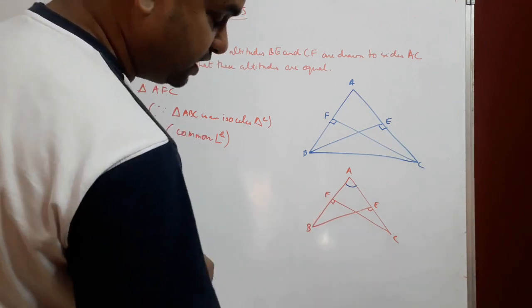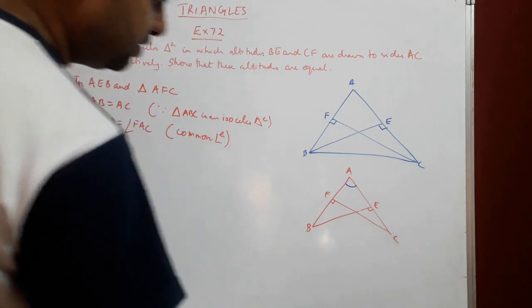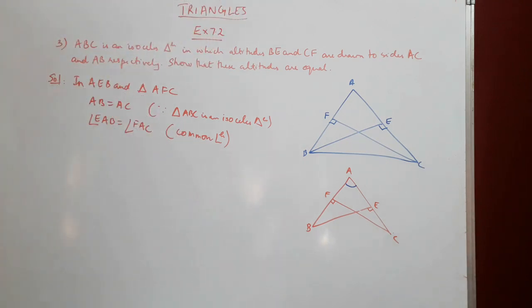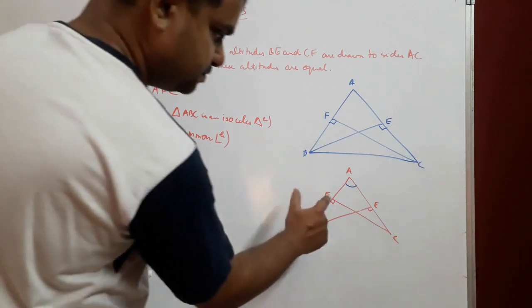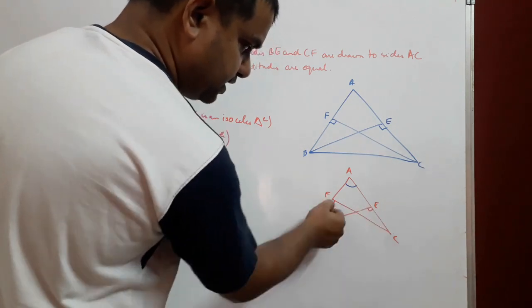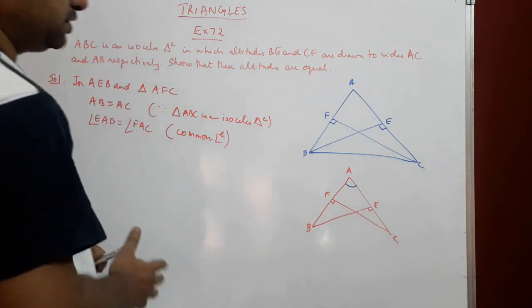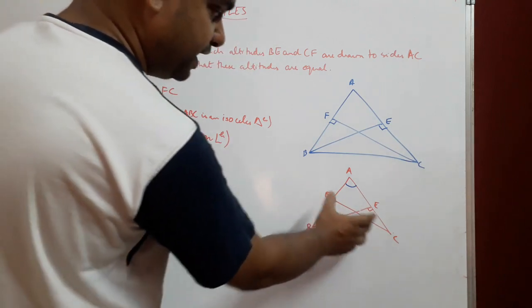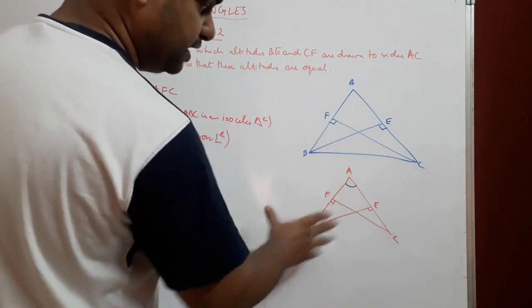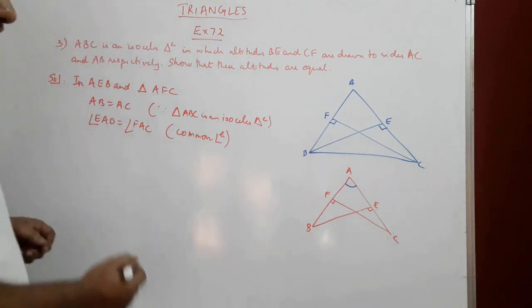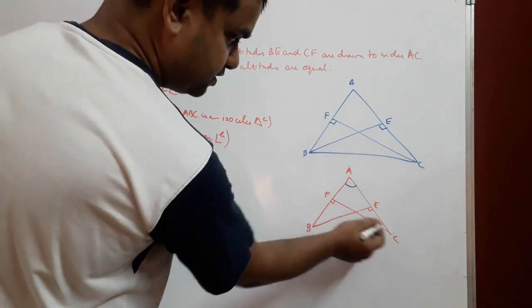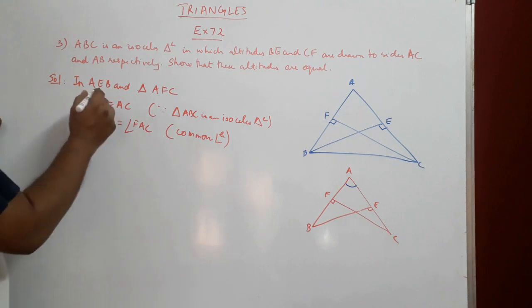Now can we find something else over here? Have a look at the diagram. We have been given that BE and CF are altitudes. Altitudes means they form right angles with their bases, which means these two angles are 90 degrees.